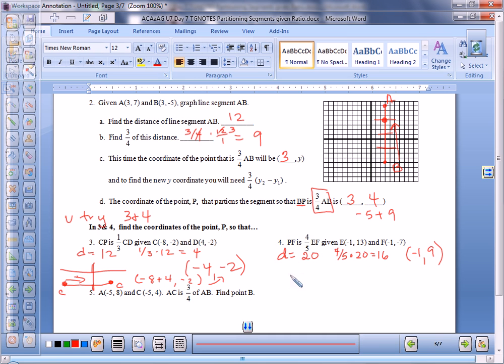This is our E. This is our F. So we want to go 16 up from F because we want it to be PF. Wouldn't that be adding 16 to our Y? So we take the -7 and add 16 to that Y. And that gives us our point.